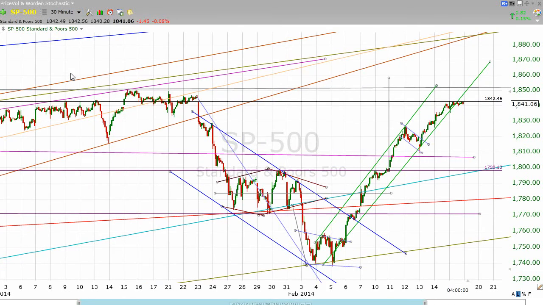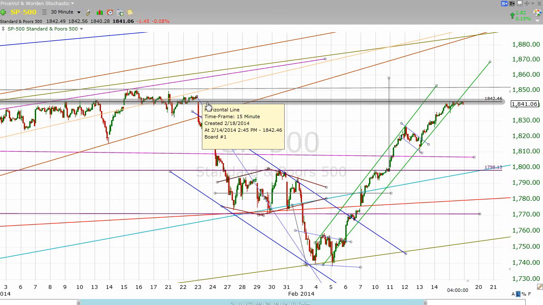let's zip back on our chart and take a look, and you'll see that I think what happened today was we ran into a little bit of gap resistance.